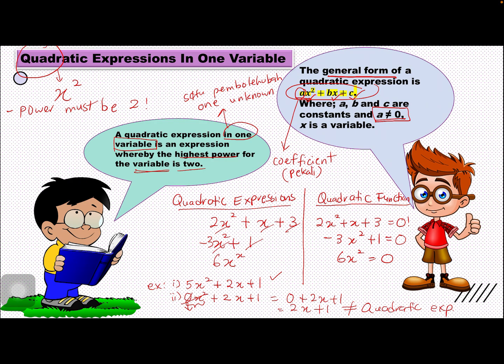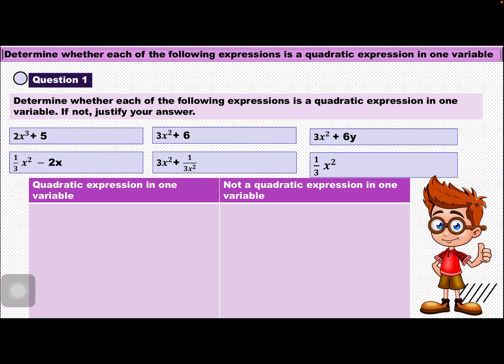Now, let's look at the next slide. Let's determine whether each of the following expressions is a quadratic expression in one variable. Remember what I told you? Quadratic means the highest power must be 2.